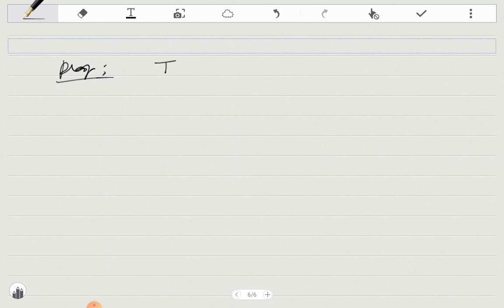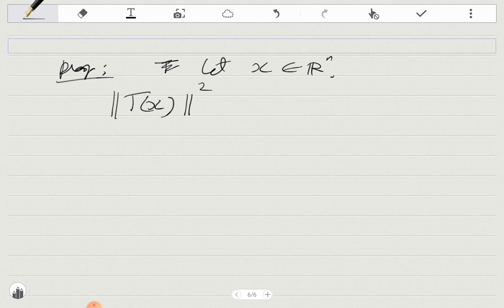So we start by letting x be in Rn. Let's look at the norm of Tx, squared.